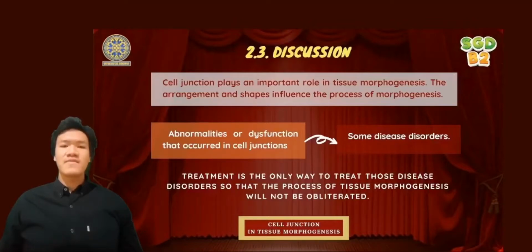Besides the importance of cell junction in tissue morphogenesis, some disease disorders can occur because of dysfunctions or abnormalities in cell junction. Those disorders can lead to various pathological conditions. So, treatment is the only way to treat those disease disorders so that the process of tissue morphogenesis will not be obliterated. That's all from me.